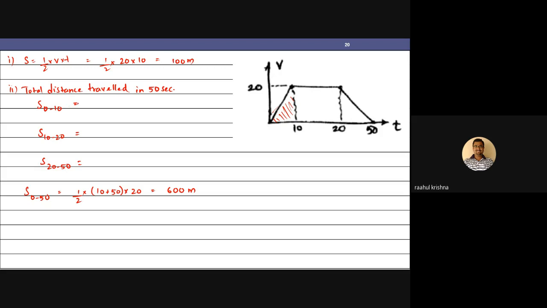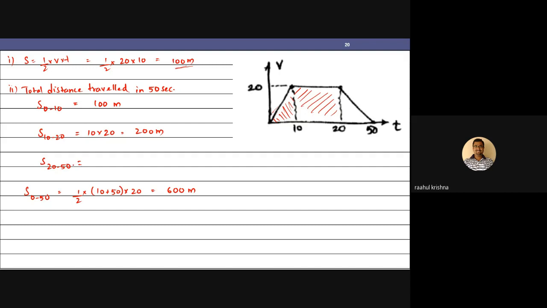Now between 0 and 10 we had already found 100 meters. Between 10 and 20, the area under this region is 10 into 20, so that is 200 meters.